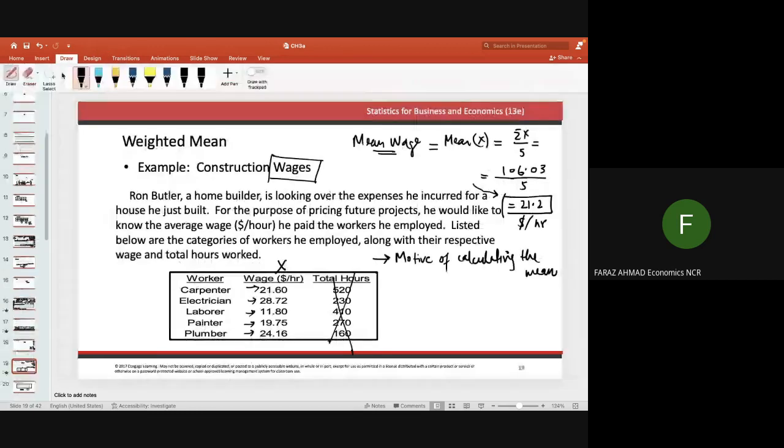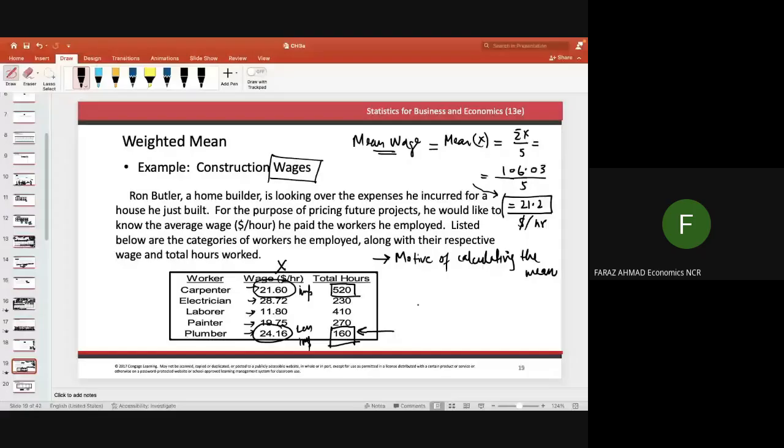But this is not right because somebody worked 160 hours only and somebody worked 520 hours. So the better way is to reflect 21.6 more than 24.16. This is more important. This is less important because this person worked for 160 hours only.